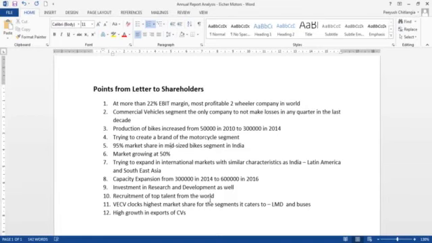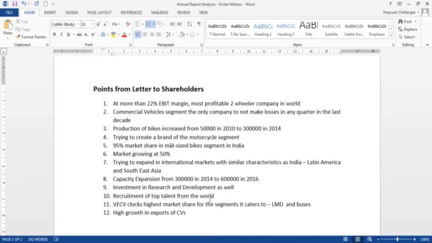And it gives us a benchmark to compare it with other companies, whether they give this information, whether they do not give this information. In itself, it's good to know all this about the company, which probably we did not know before the start of this exercise. So purely by going through this particular letter to shareholders, we get a fair bit of information about what the company is doing, what the company is doing well, what it is not doing well, and how is it planning to go ahead in subsequent years and quarters.